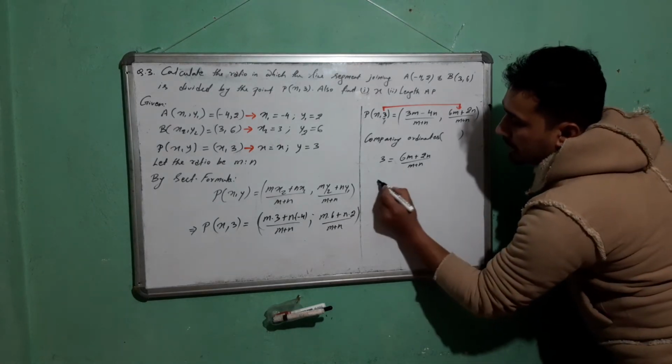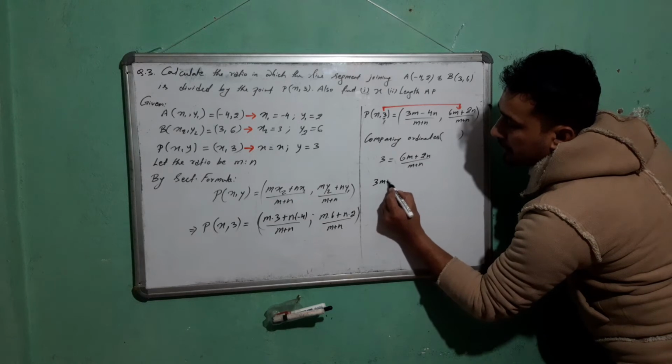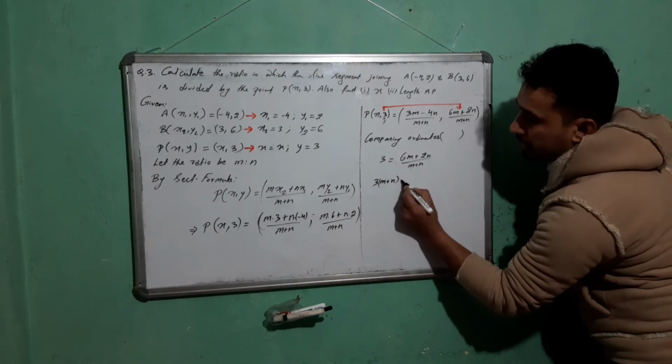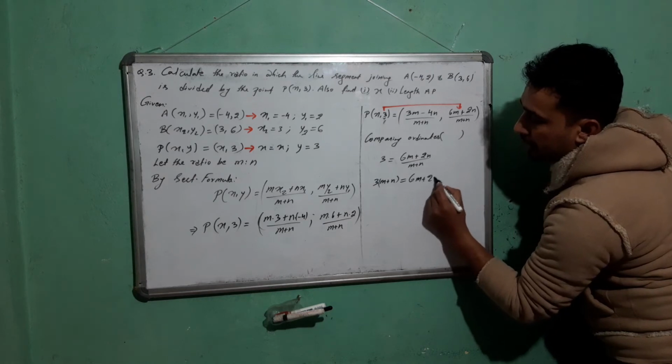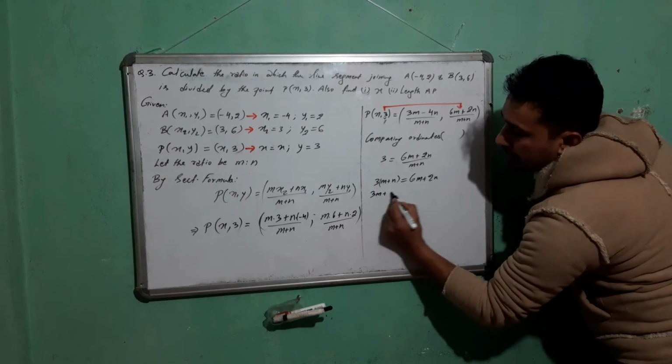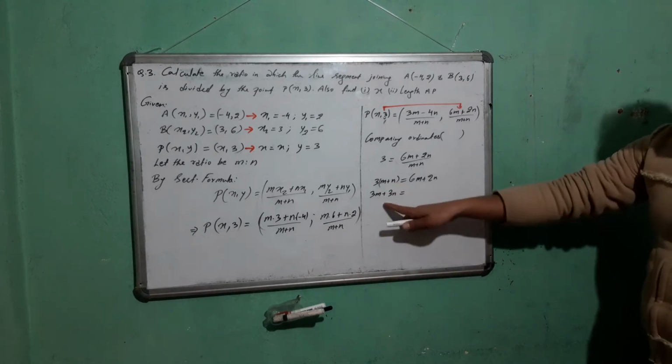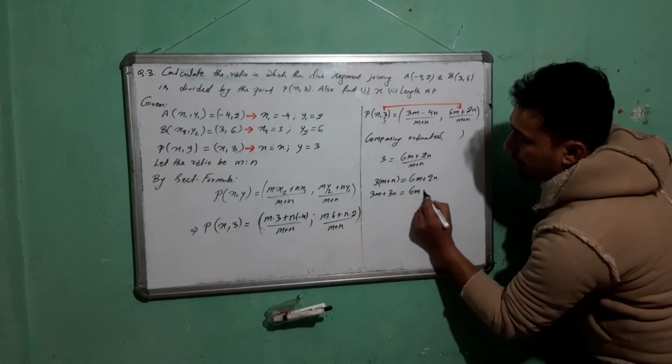So cross multiply it. 3 into (m plus n) is equal to 6m plus 2n. So 3m plus 3n equals 6m plus 2n.